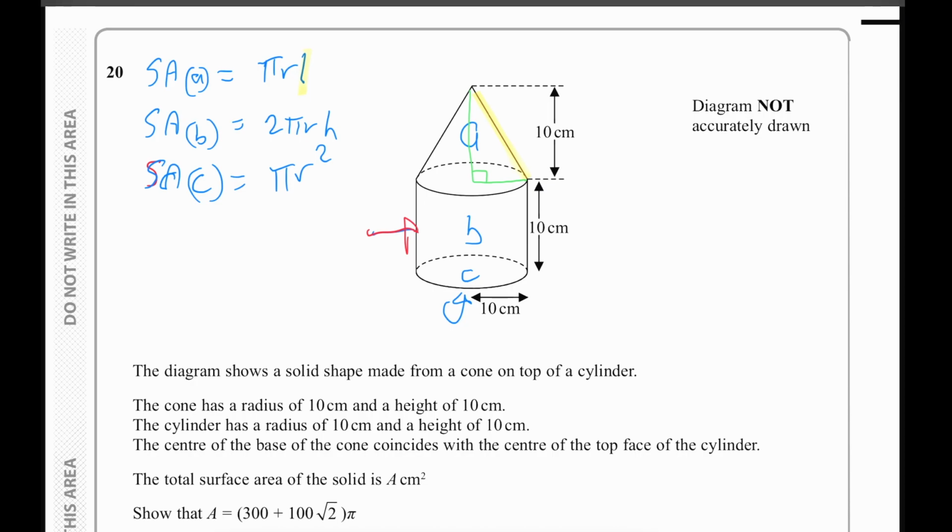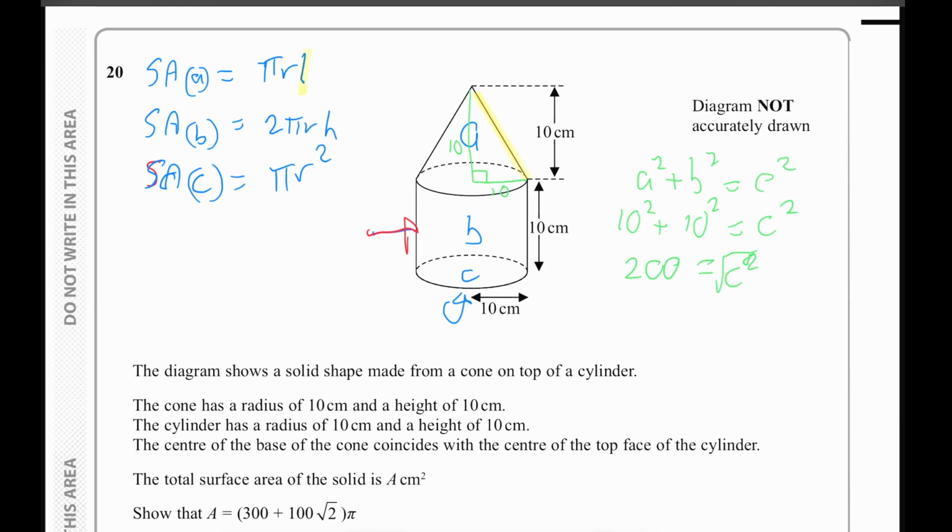We know that the radius at the bottom is 10, so that's 10. We know that the height is 10, so using Pythagoras, we need to say a squared plus b squared equals c squared. So we've got 10 squared plus 10 squared equals c squared. So we have got 200 is equal to c squared.